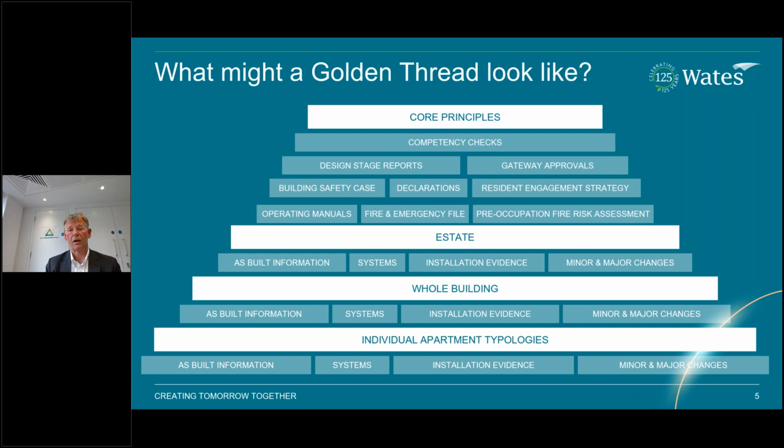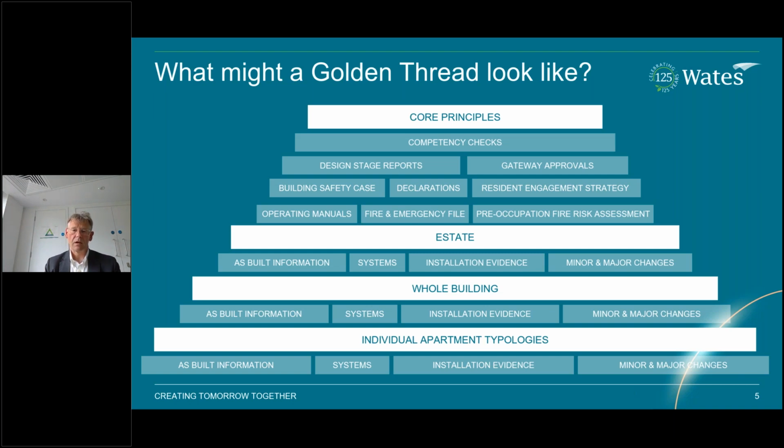Some are new, some are old, but fundamentally every single project will require some basic core documentation that is available to demonstrate to the ongoing users and occupants of that building. They include things like the competency checks and the design stage reports. More importantly, perhaps, when we get into the areas of fire risk, the building safety case, the fire and emergency file, and of course the pre-occupation fire risk assessment, all super important.